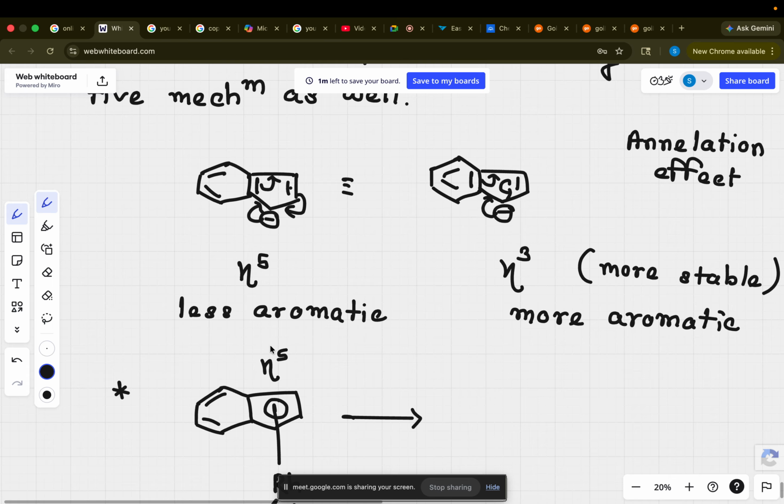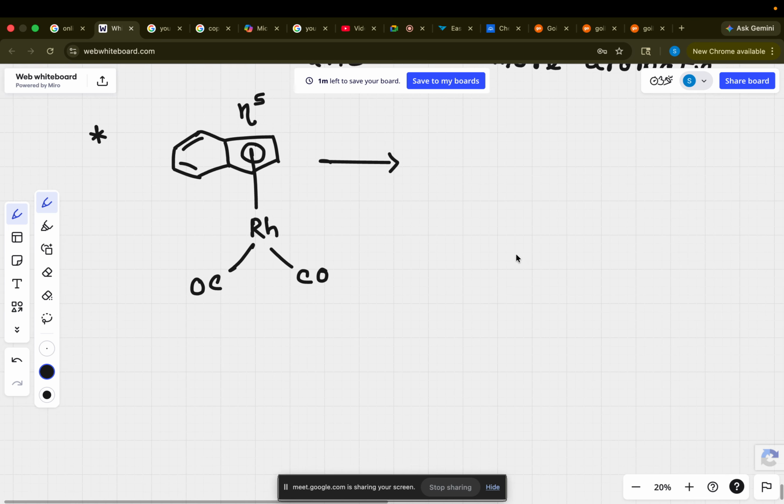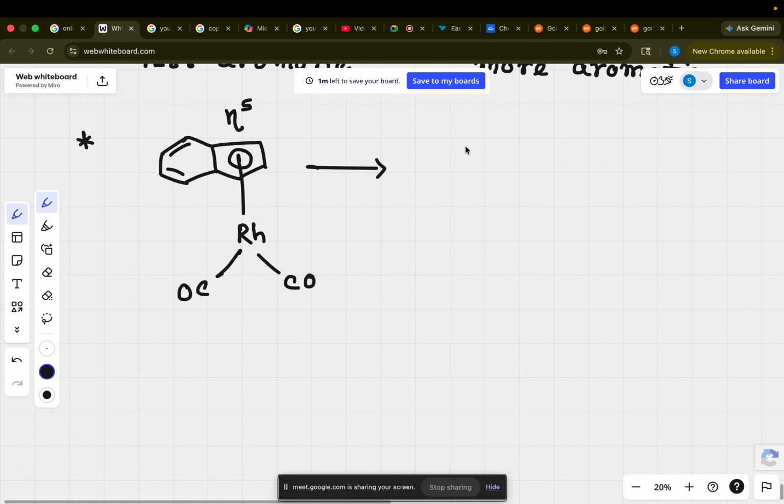If you have a polyhaptoligand, and if it has the possibility to adopt a lower hapticity value, it will do that. Here it is present in eta 5, but eta 5 is not that stable. Eta 3 is more stable. So it will now change itself to the eta 3 configuration. So here I will get 1, 2, 3, and this side you have a 5-membered ring. Now you will get it like this, or you can show a double bond here that is also attaching to your rhodium center.